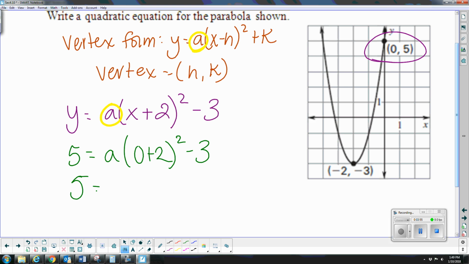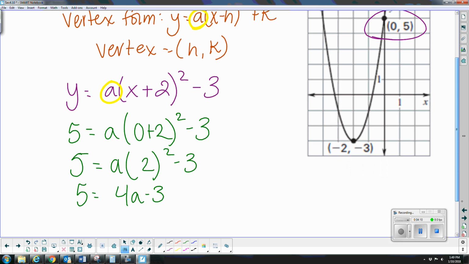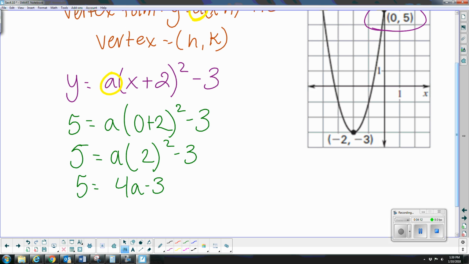So we'll simplify. 5 equals a times 2 squared minus 3. 5 equals 4a minus 3. And we need to add 3 to both sides. So 8 equals 4a. And then divide each side by 4. So 2 equals a, but that's not the question.